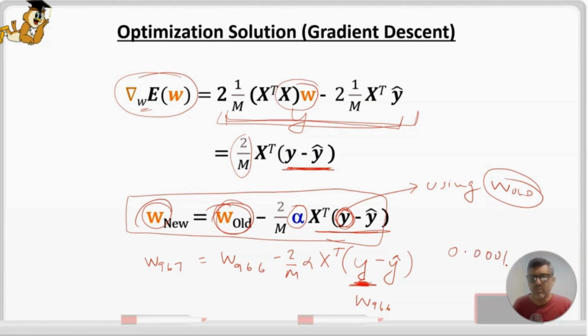You can define a threshold, and when you reach a threshold where the values are no longer changing significantly is when you stop these iterations. And when you stop, those values are going to be very close to what you get using the closed form result. So this is our gradient descent optimization solution for linear regression.